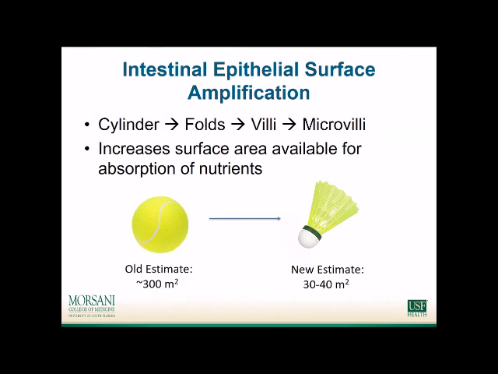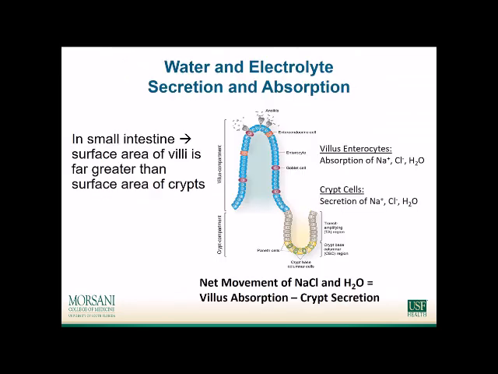So let's talk specifically about water and electrolyte secretion and absorption. So like I mentioned, if you look just at the general number of cells and the actual surface area of the villi versus the crypts, there's a lot more surface area up in the villi, and because of that, the role of the villi becomes more predominant.